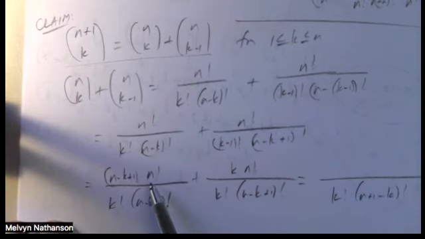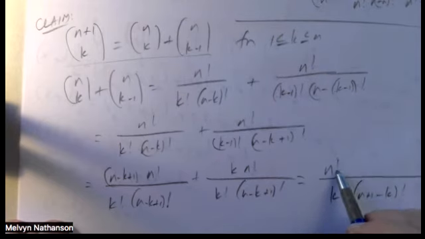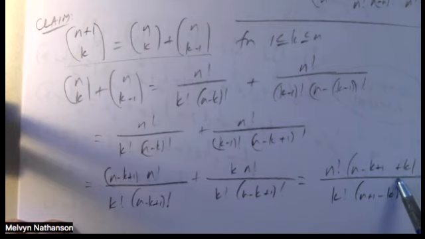And in the numerator, I have this plus this. If I factor out an n factorial, I have n minus k plus 1 plus k. And the k's cancel.